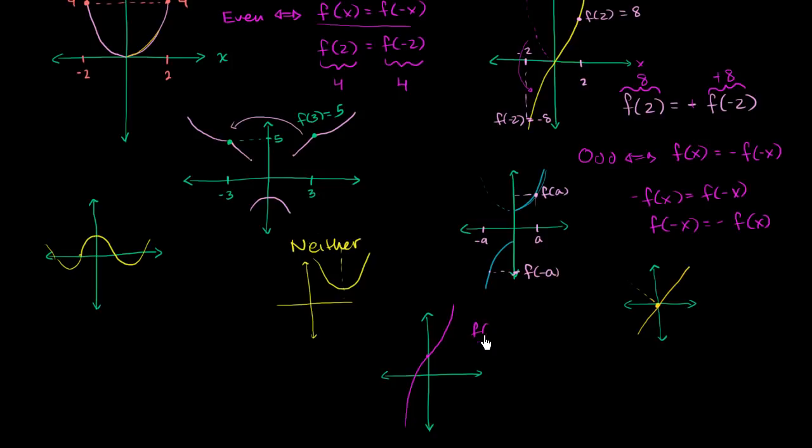If you take what's on the right-hand side and reflect it onto the left-hand side, you would get something like that. And then if you were to reflect that down, you would get something like that. So this is not an odd function. This isn't the left reflection and then the top-bottom reflection of what's going on on the right-hand side. This over here actually would be.